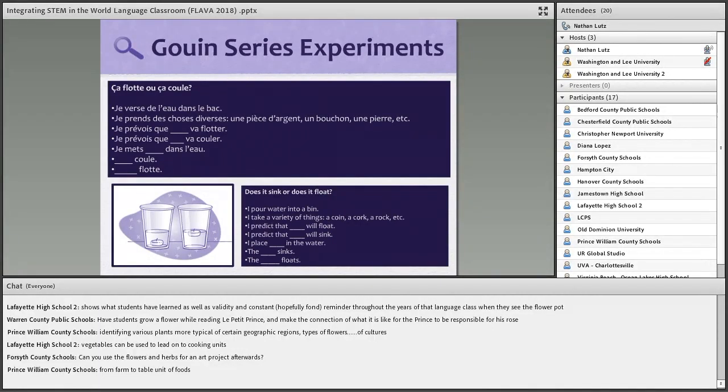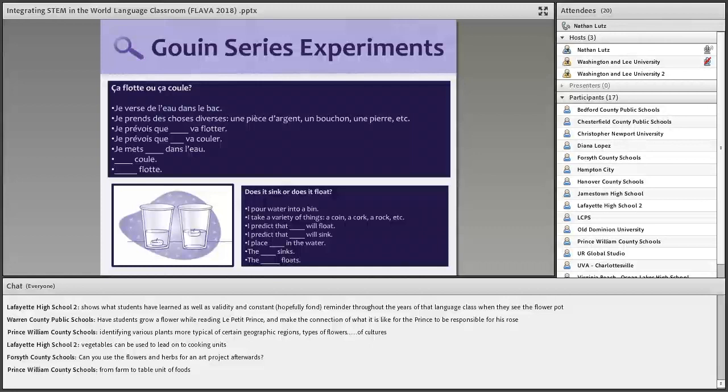So I had mentioned earlier that I do a sinking or floating lesson with my pre-kindergarten students. So again, this could also be done as a Gouin series where I could ask the question, ça flotte ou ça coule? Je verse de l'eau dans le bac. I put water in a vessel.